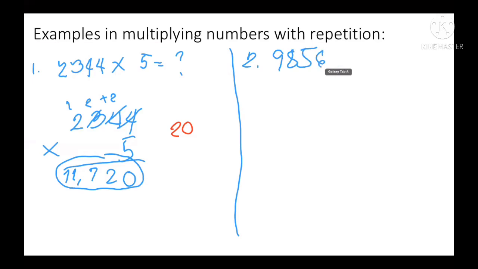9,856 multiplied by 9 equals blank. This one is a little bit harder, but you need to answer this one correctly, okay? Let us organize now. So we have it as 9,856, okay, multiplied by 9.